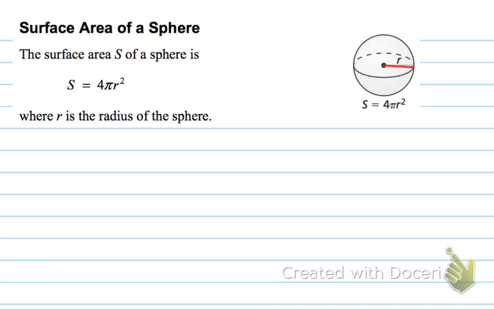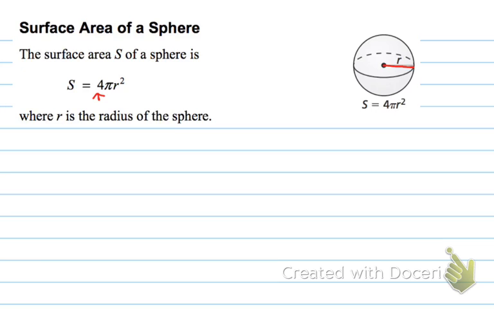So to find the surface area of a sphere, the surface area is equal to 4 pi r squared. If you notice, it's the same as the area of a circle, except it's 4 of them.